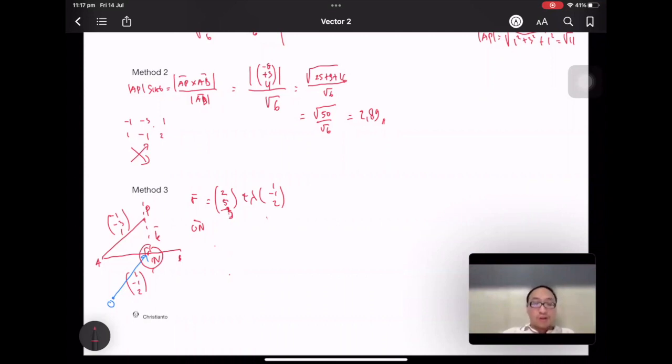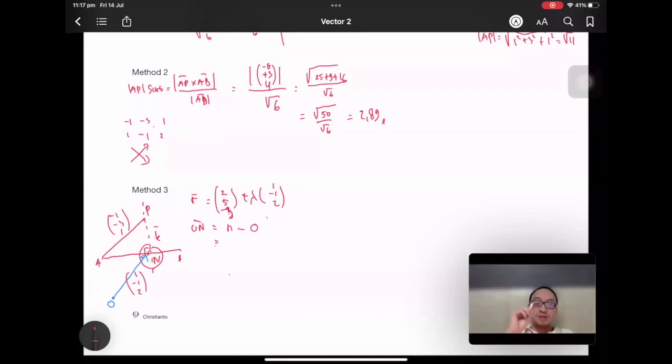Now we need to find the coordinate of N. The ON here is the position vector of N minus position vector of O. Now the coordinate of N is the point on the line.